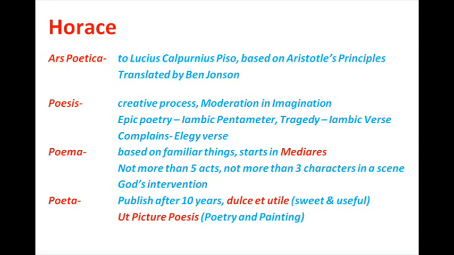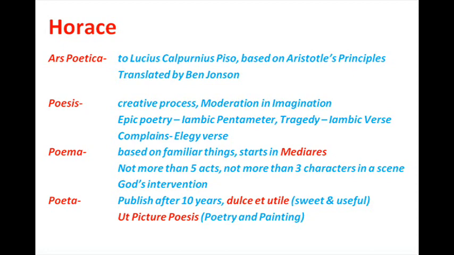And the most important point, as I made in Poeta, is that one should publish his work only after 10 years, after writing. And then we have several points on the basis of the previous year questions. These are just the main points you can take. The most important, Ars Poetica is written by Horace, and dulce et utile, the term belongs to Horace, and it means to teach and to delight.